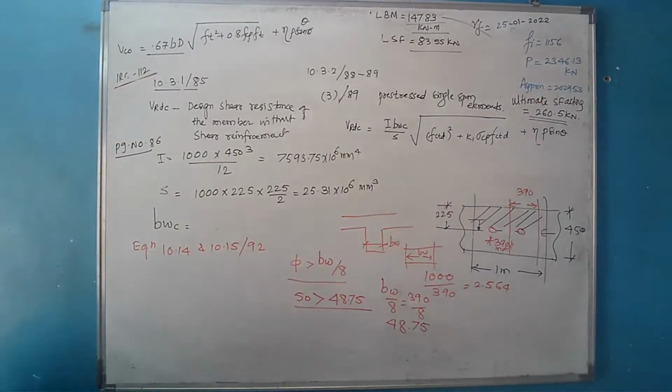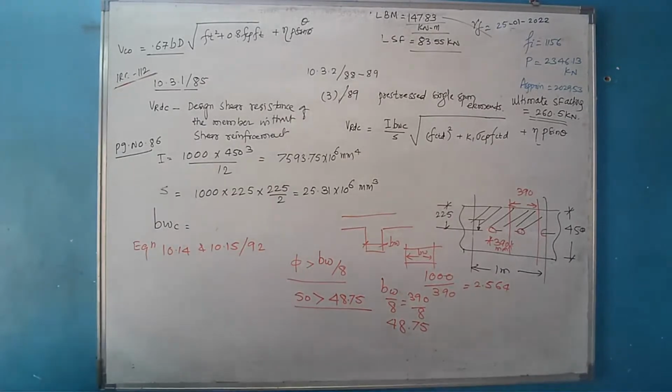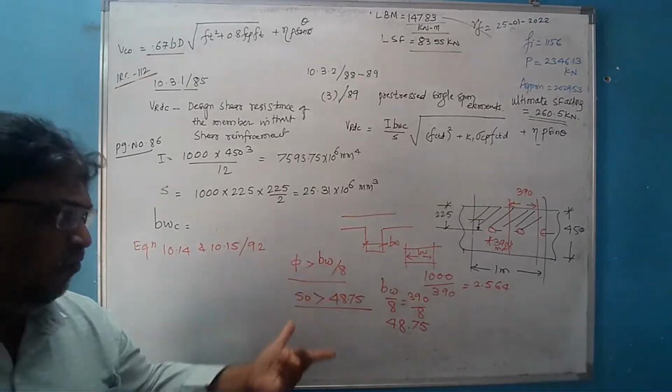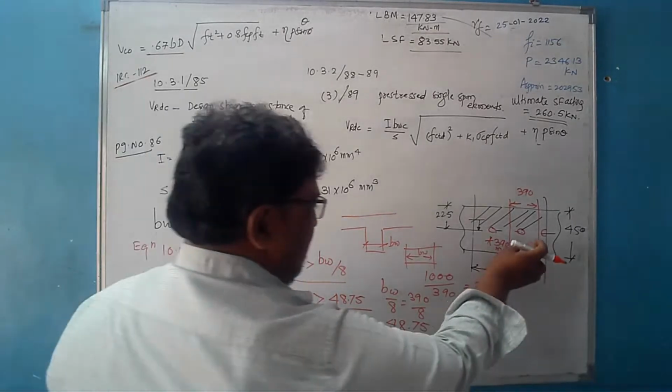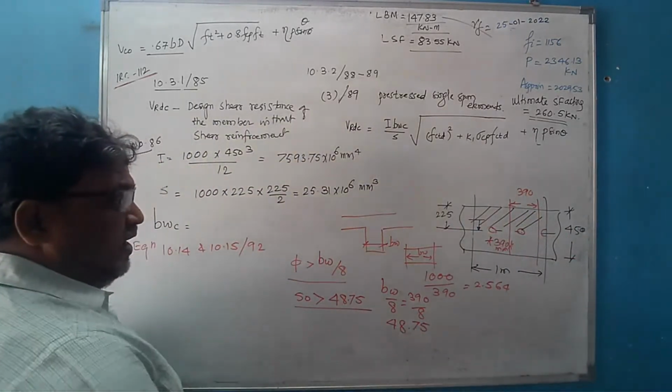Is it right? I am talking about the diameter of one duct, so I have to consider what is the influence area or the influence width for one duct. एक डक्ट के लिए इन्फ्लुएंस फील्ड इतना है, हाफ टू द राइट एंड हाफ टू द लेफ्ट, so that is 390.